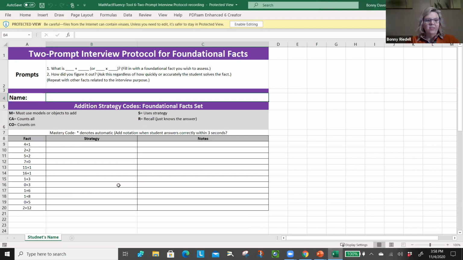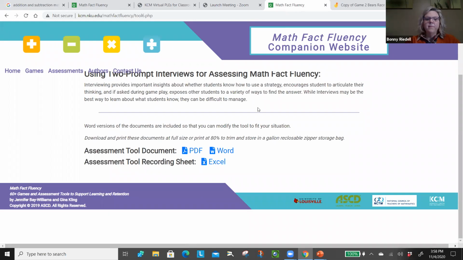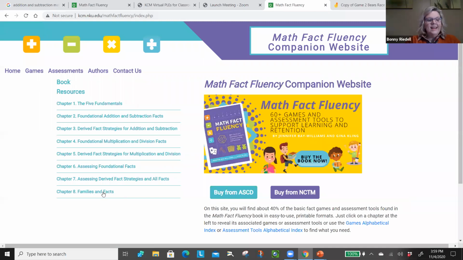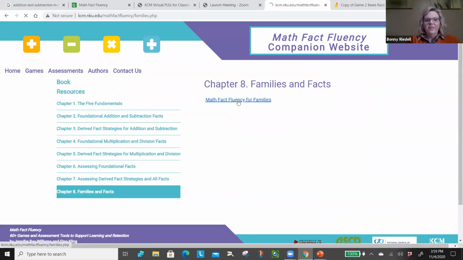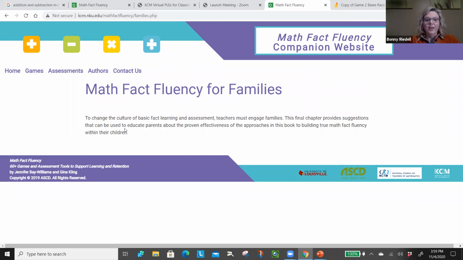Student's name, their fact, the strategy they use. As an alternative to using the sprints and the Mad Minutes, you might opt to use one of those. And Math Fluency for Families, there's more to come in that chapter as well.